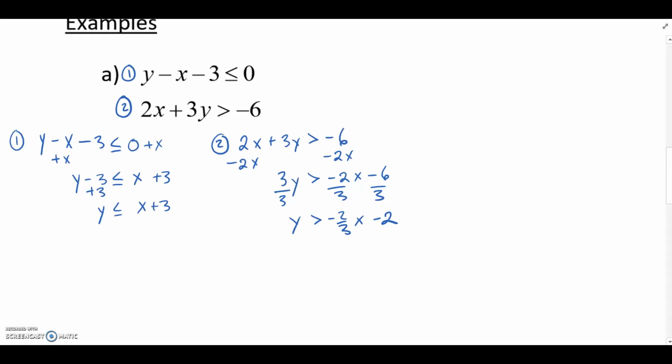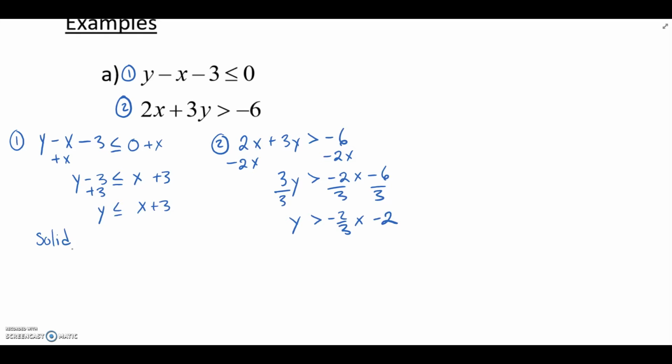Now that we have these two inequalities, we could put them into y1 and y2 in our graphing calculators. Before I even do that, I can see, using our techniques from before, that this is going to be a solid line. Just a reminder that solid lines are always going to be less than or equal to, greater than or equal to. It's that or equal to that tells us that it's solid, because our shaded region doesn't only include everything up to that line, but the line itself as well.